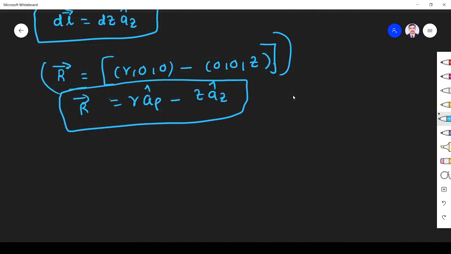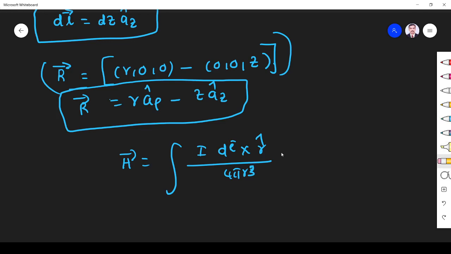Now we substitute. H is equal to I, right? dl cross r vector divided by 4 pi r squared, or 4 pi r cube. Here r vector, right?